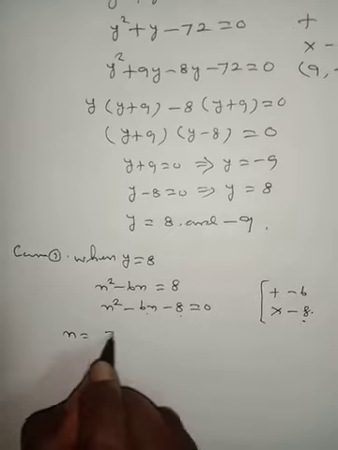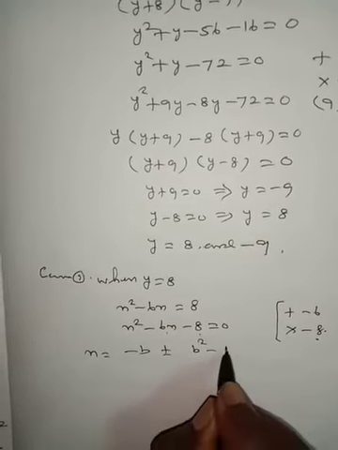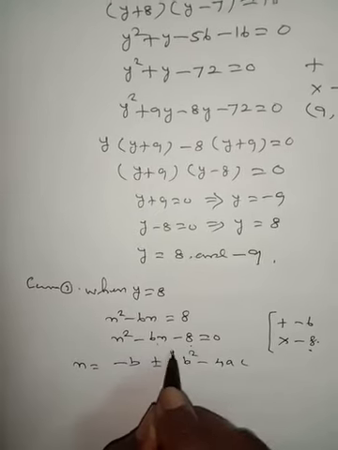x is equal to minus b plus or minus square root of b square minus 4ac, divided by 2a.